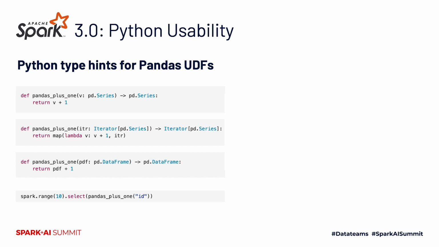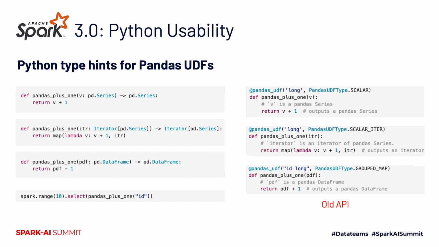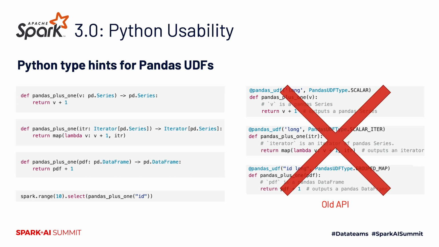So in Spark, it's easy to make a function that takes in batches of data as Pandas series or data frames, for example, or even as an iterator of series, and you can just specify these with type hints. For comparison, the previous API required you to write a lot of boilerplate code in order to say what kind of input your function expects, and that was very error prone. So now that can go away, and it's super straightforward to define and use these functions.